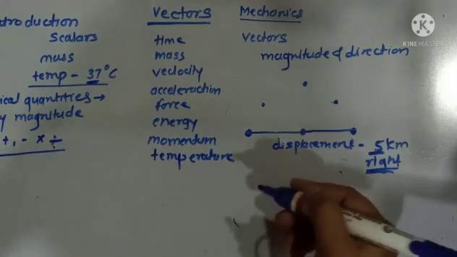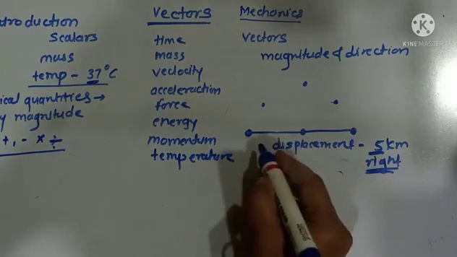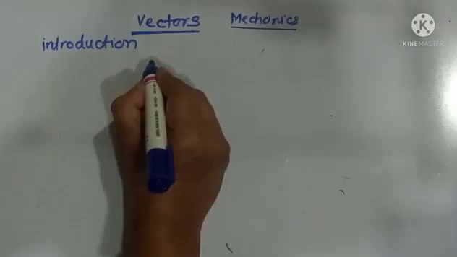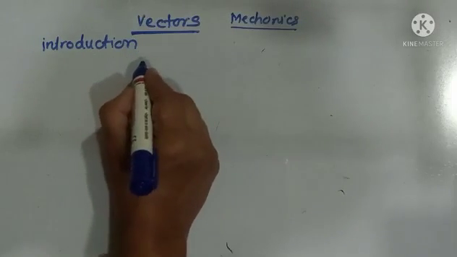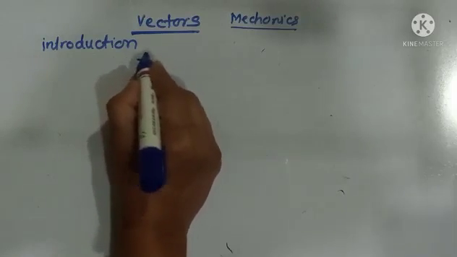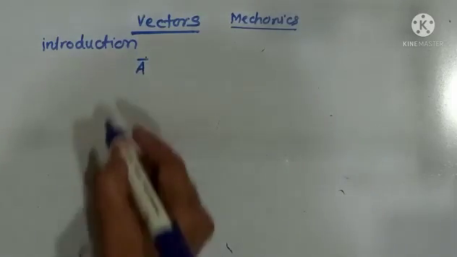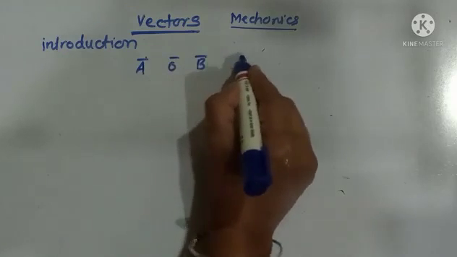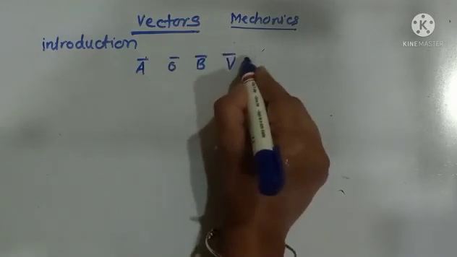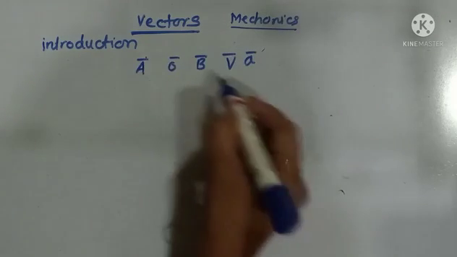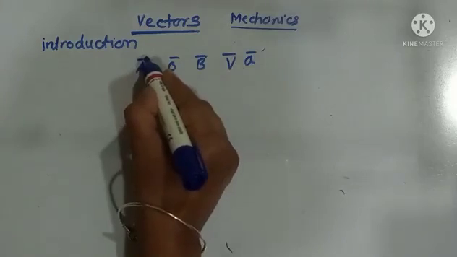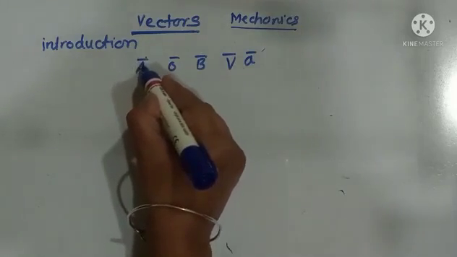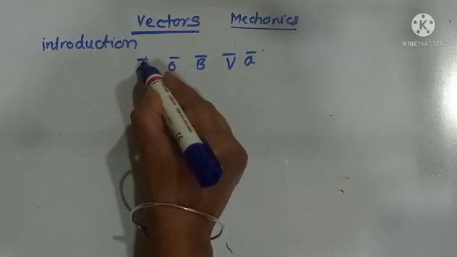So we need different rules for the addition, subtraction or multiplication of vectors. Some basic introduction of vectors: a vector is represented by an arrow on a symbol like vector O, vector A, vector B, vector V. The arrow on the head means that it is a vector quantity. It requires both magnitude as well as direction for its complete specification.